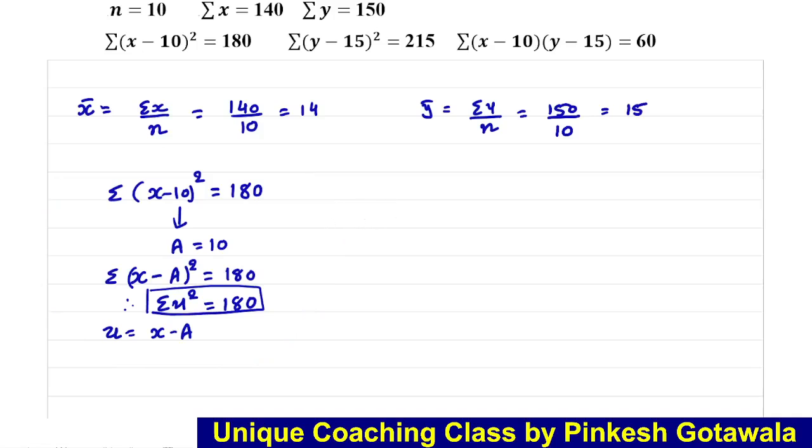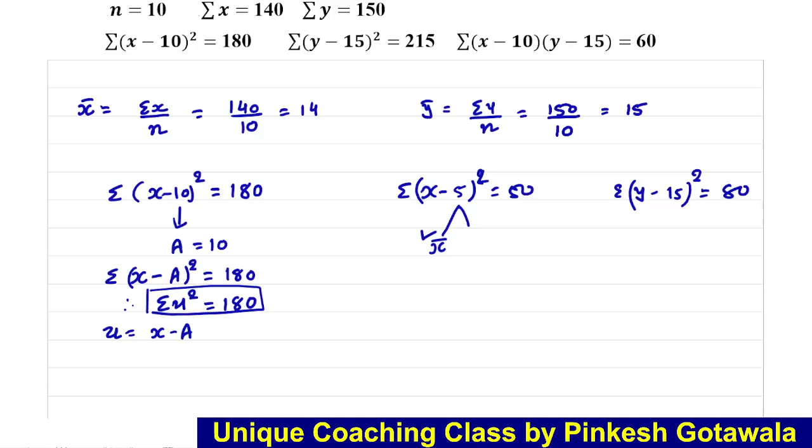So I just want to say that suppose there are two: x minus 10, some amount is given, and y minus 15. Okay, suppose this amount is available. Now here it matches. Suppose this 10 matches with x bar. Okay, it matches with x bar.